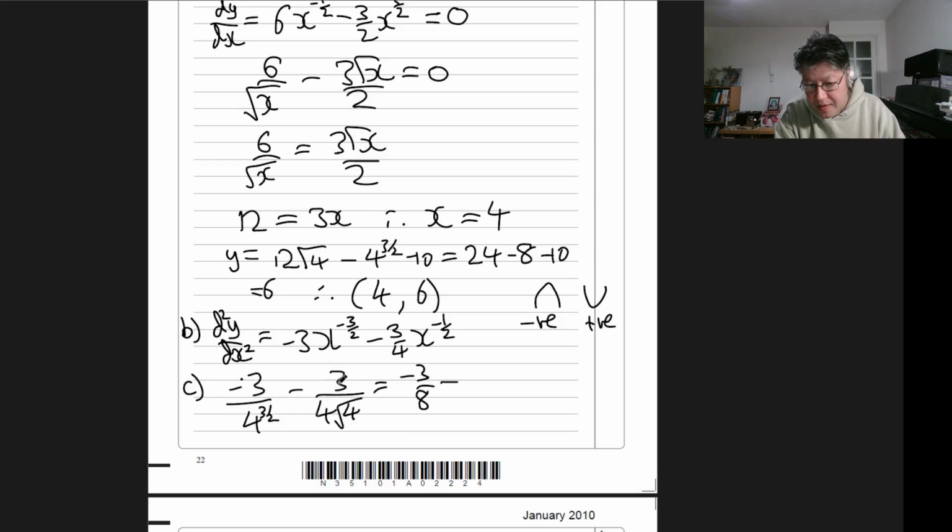Minus, and this is a 2, so 2 times 4 is 8, so that's another negative 3/8, and that's equal to minus 3/4, which is negative. Therefore, this turning point was a local max, so therefore it's a local maximum. Done.